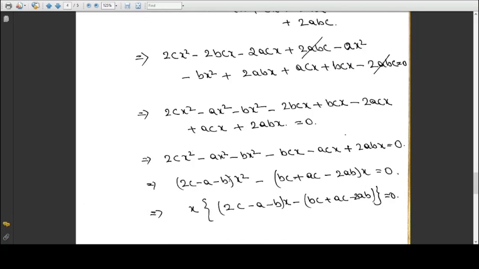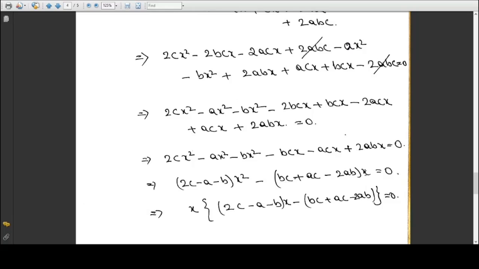Now among these three terms here, x square is common. If you take x square common, you'll have 2c minus a minus b, times x square. And between these other terms also, in all the three terms, x is common.